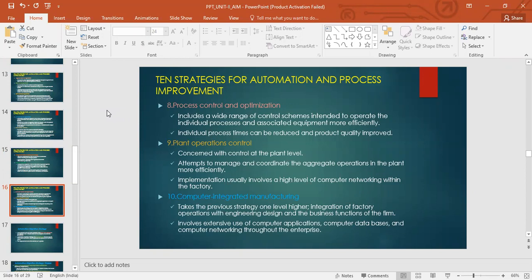And then the next strategy is process control and optimization. It includes a wide range of control schemes intended to operate the individual processes and associated equipment more efficiently. So we are trying to control the process and optimize it also. There are different control schemes, like using sensors, to see whether you can optimize a process. Individual process times can be reduced and process quality can be improved.